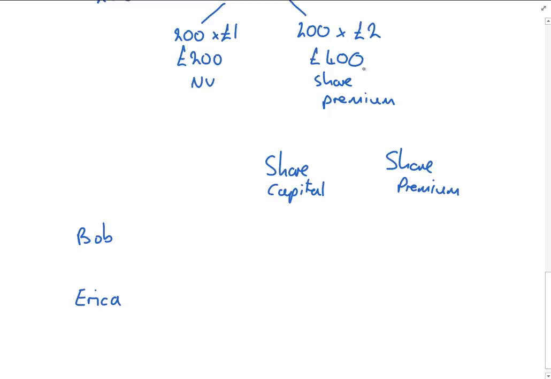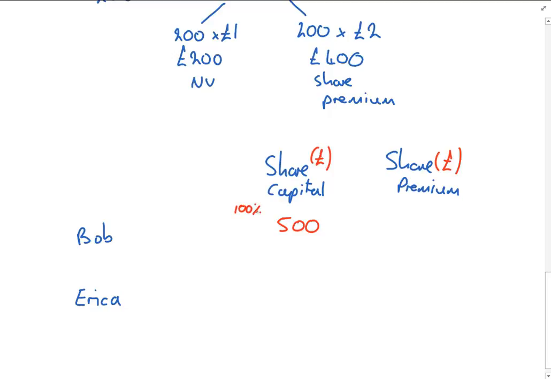Initially, Bob, if we just think about the shares themselves, had 500 £1 nominal value shares. So that totaled £500. Let's keep this in pounds. So Bob owned 100% of the company.